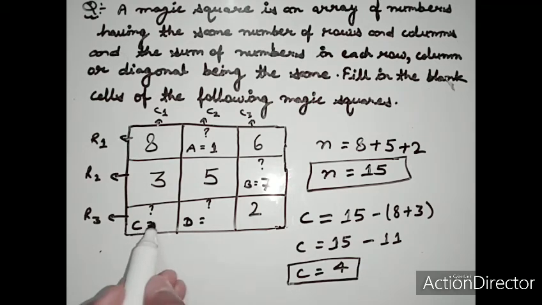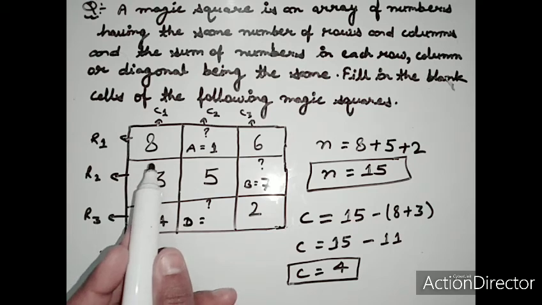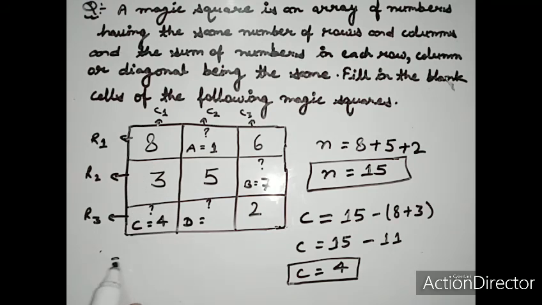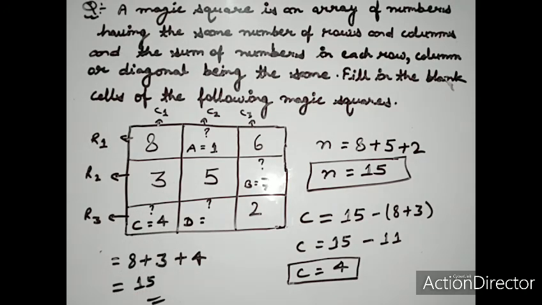So here we get c equals 4. Now we check our answer. So here we add these three numbers, 8 plus 3 plus 4. Now 8 plus 3 equals 11, and 11 plus 4 is 15, and here we get the sum of these three numbers equal to 15, and the value of n equal to 15. So here we get the correct value of c equal to 4.